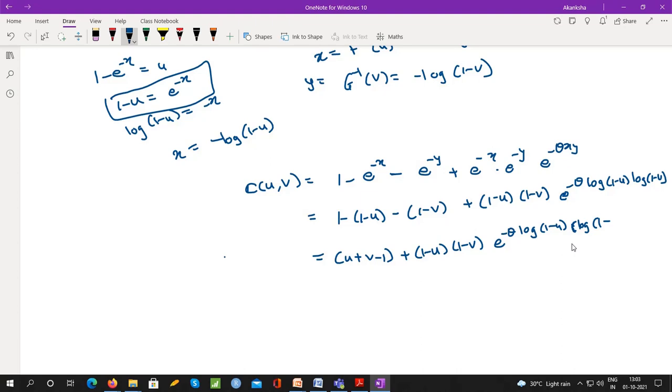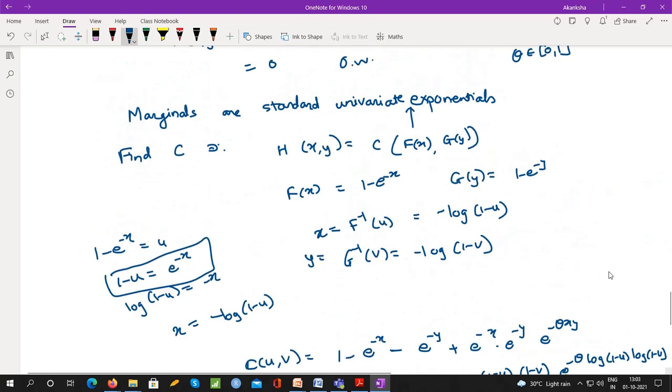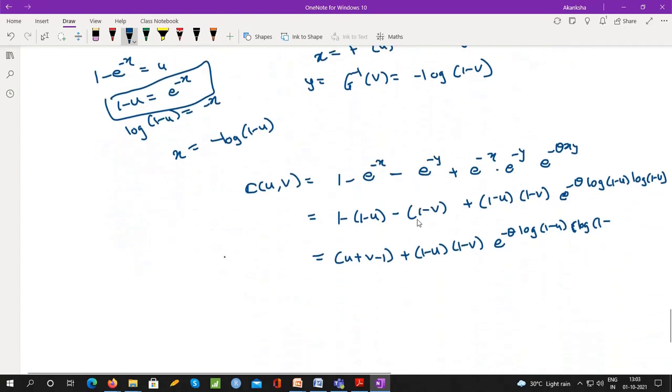So basically what does this mean? This means that if I know u and v, that is if I know marginal CDFs, then I can compute the joint CDF at that point by substituting those marginal CDFs here in place of u and v. Suppose I want the joint CDF at (1, 2).